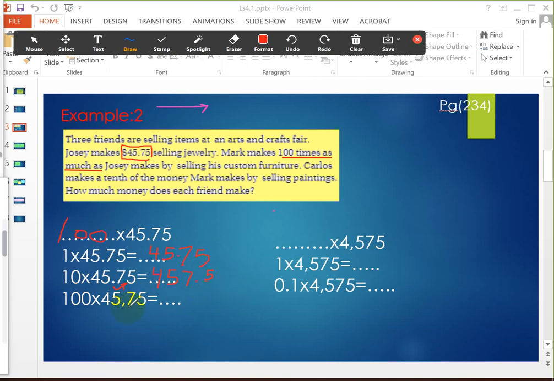Now when we multiply by 100, you have to move the decimal point 2 digits to the right, from here to here. So the decimal point will be right here. So the number will be what?